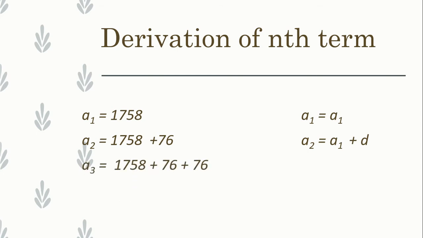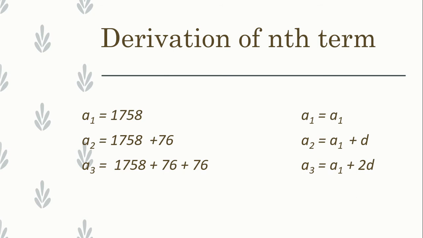We continue to the third term, and the third term can be written as 1758 plus 76 plus 76. Our reference point or reference year is the year 1758. On the other hand, the third year of appearance can be written as the third term is equal to a sub 1 plus twice the difference.